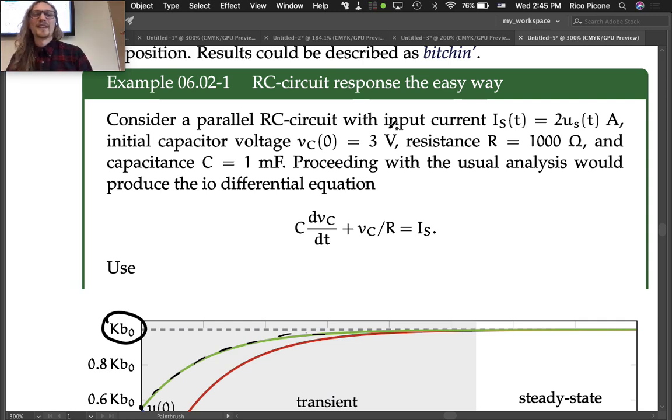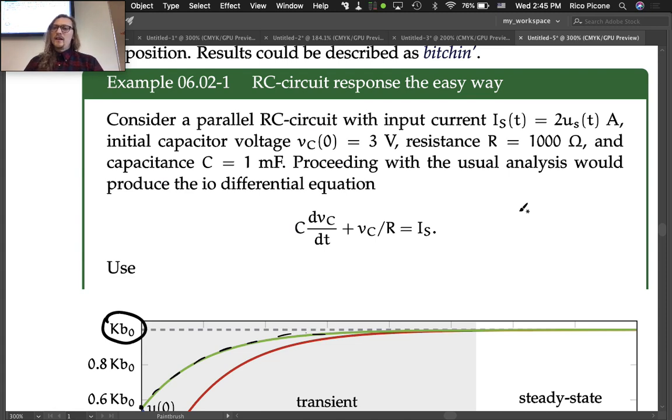It's pretty easy. So consider a parallel RC circuit with input current IS equal to 2 times the unit step amps. So it's 0 amps and then it's 2 amps, right when we start the clock, time equals 0. An initial capacitor voltage of VC of 0 equals 3 volts.